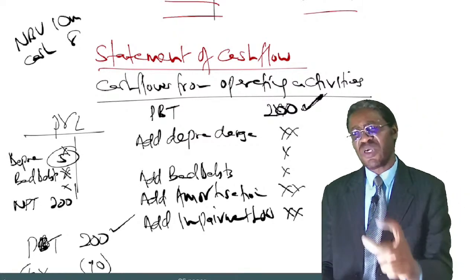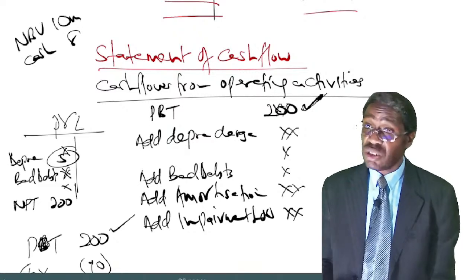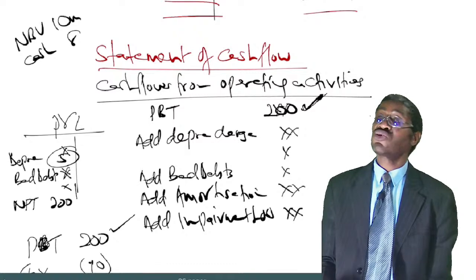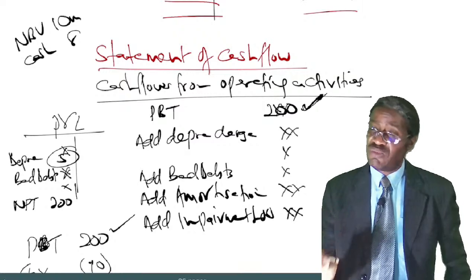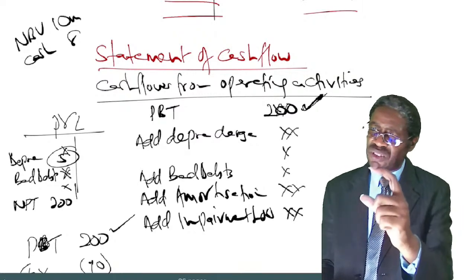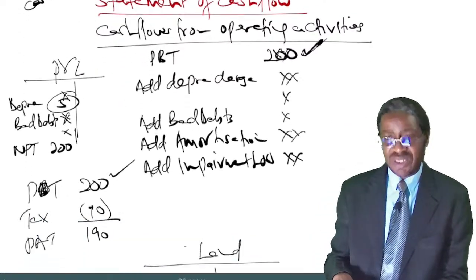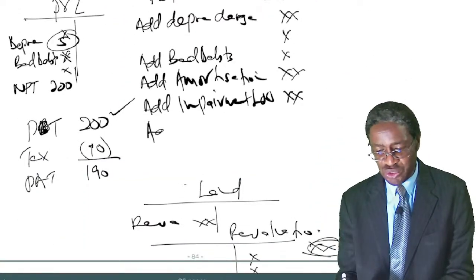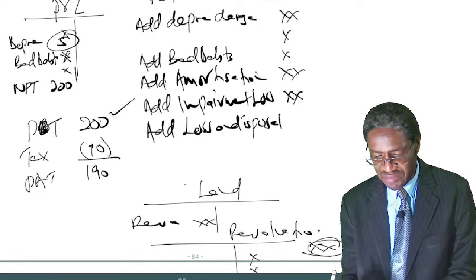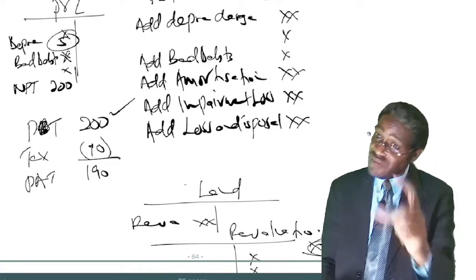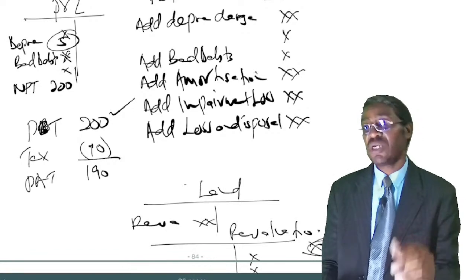So it is obvious you sold it for less than its book value, and therefore you sold it at a loss of how much? 2 million. That loss of 2 million, you took it to the P&L account as an expense. Therefore, any loss on disposal, we shall also be adding. It was debited in the P&L account, yet we never paid anything for it. It's just a bookkeeping entry.